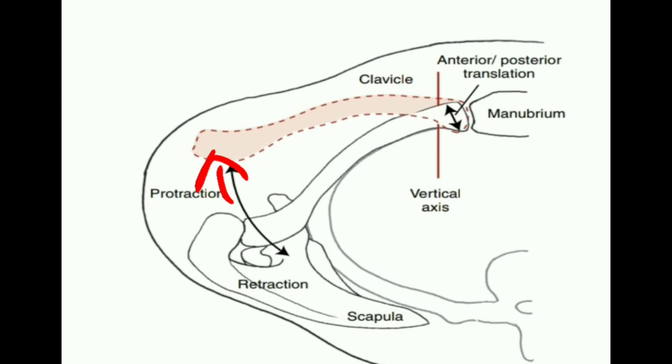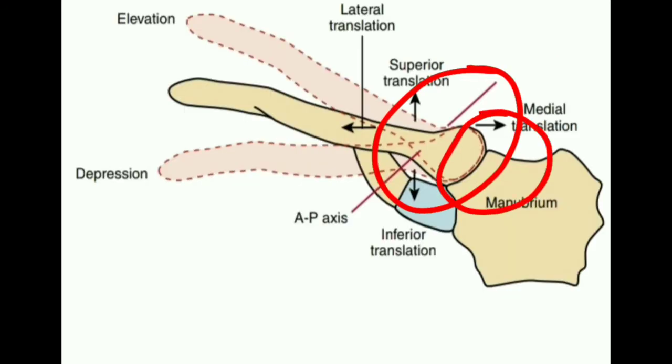Two articular surfaces, one is slightly convex and one is slightly concave. Here the clavicle is concave and the manubrium is convex. Earlier in elevation we studied that the clavicle is convex and the manubrium is concave.